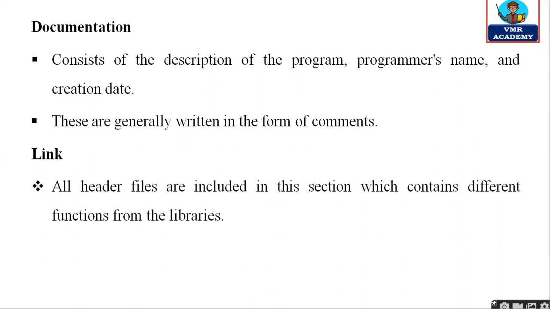All the header files are included in this section, which contains different functions from the library. Just now, in the previous videos, I said that finding the square root of 99, if you want to do it, will take some amount of time, right?